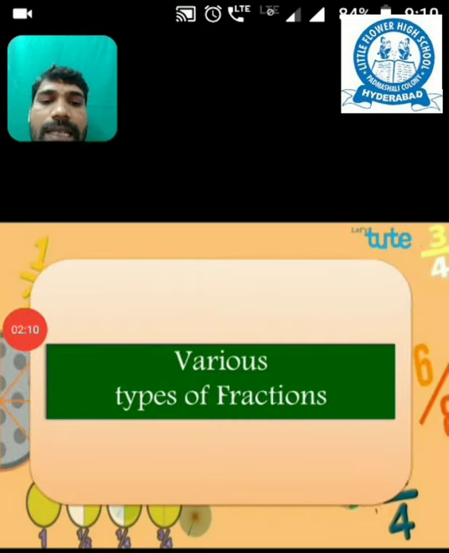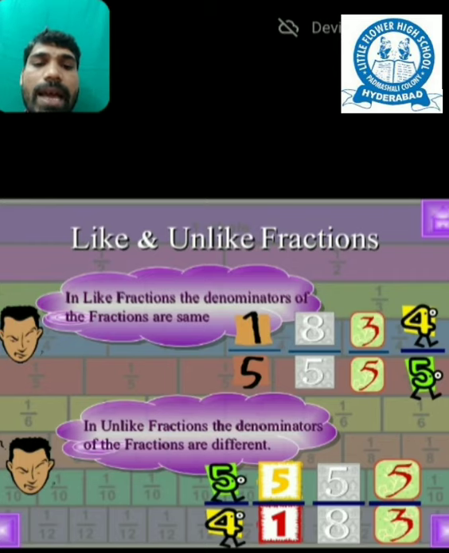Now let us learn about various types of fractions. Let us start with like and unlike fractions. So what are like fractions?